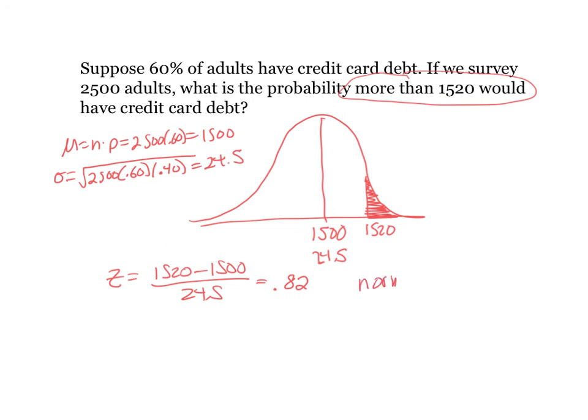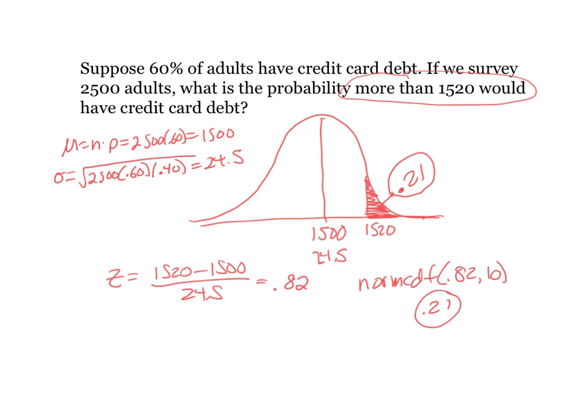And now I'm going to use the normal CDF command. And I'll use 0.82. And then remember, off the graph to the right, we use a 10. That gets me an answer of approximately 21%. So there's a 21% chance that in a sample of 2,500, I'd end up with 1,520 people or more with credit card debt.